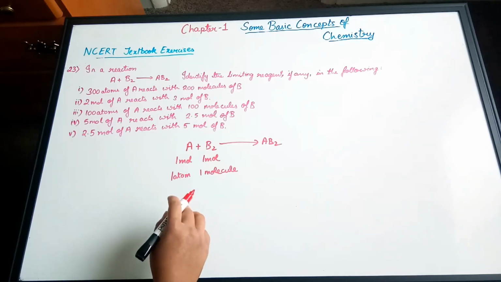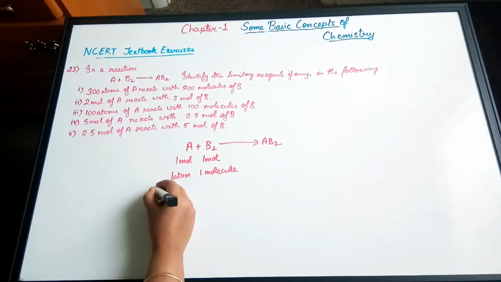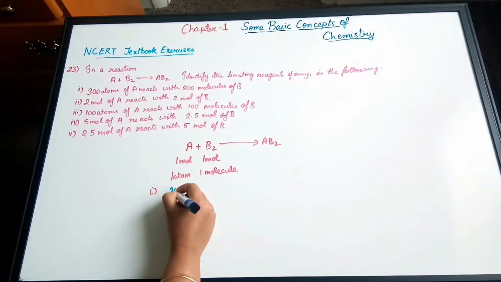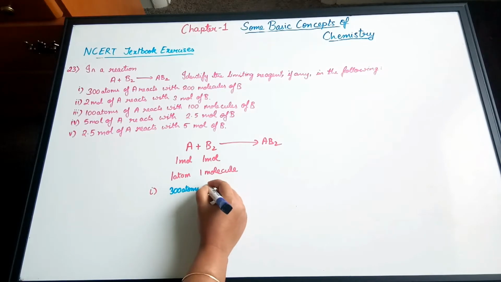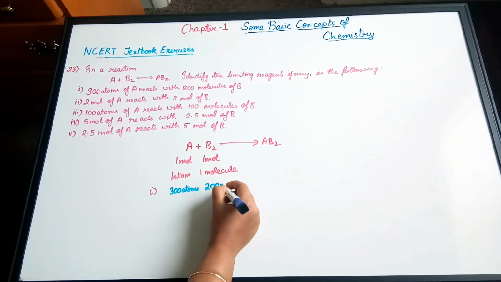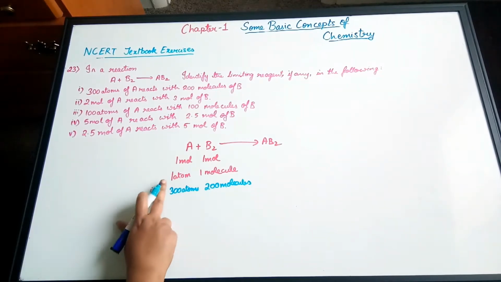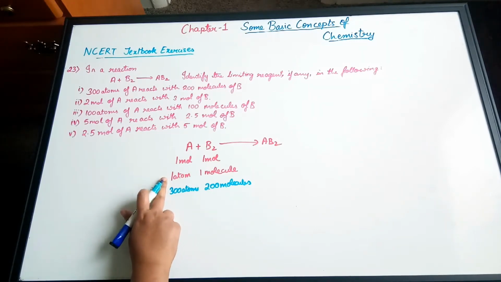First question, 300 atoms of A. So here, 300 atoms of A react with 200 molecules of B2. From the above statement, we know that one atom reacts with one molecule.